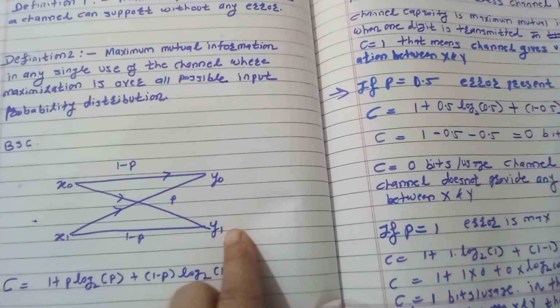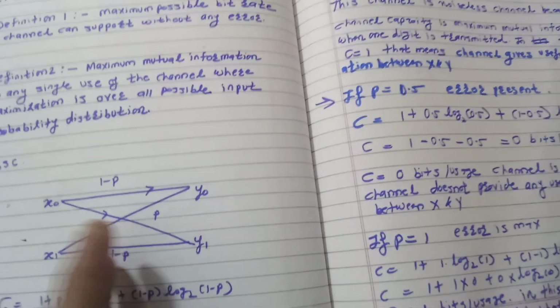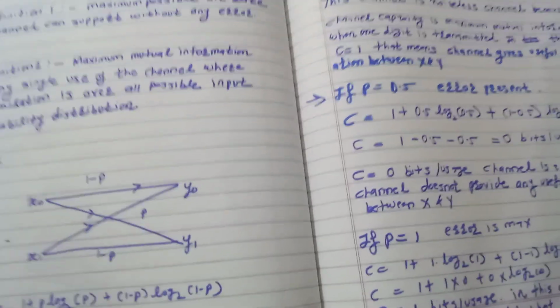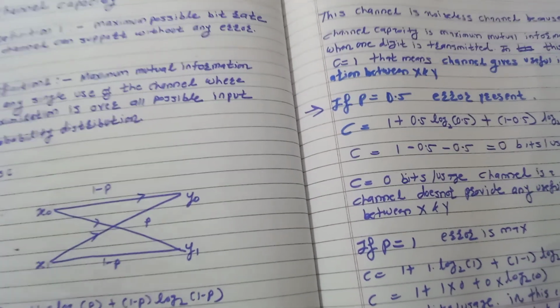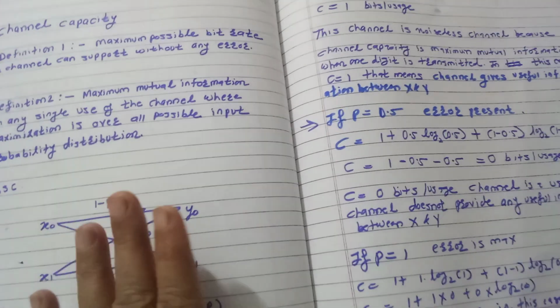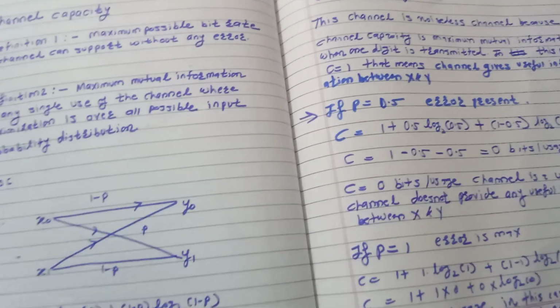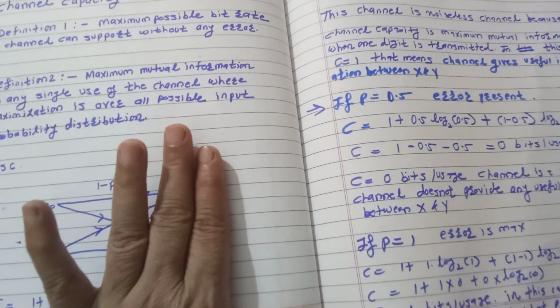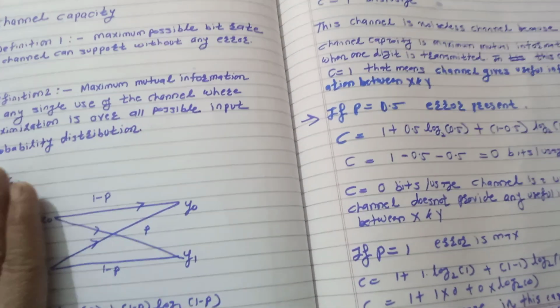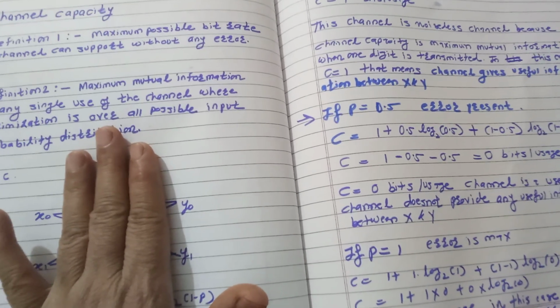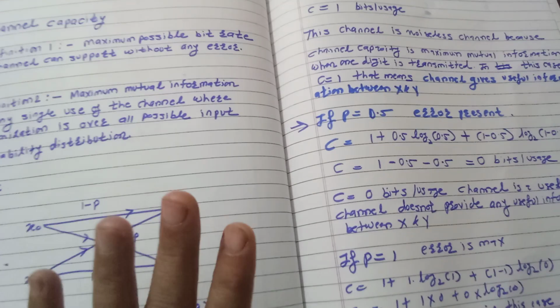If you received Y1, again it is not providing any information whether X naught is transmitted or X1 is transmitted. So this is a useless channel. That means the mutual information between output and input is 0. Capacity is 0, that means mutual information between output and input is 0.